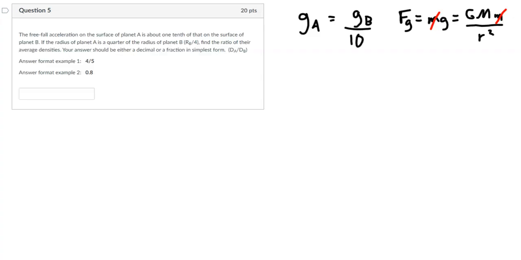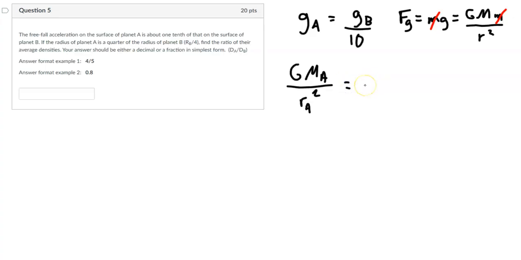In fact, let's take that and see if we can make anything useful with it. So for planet A, the g for planet A is going to be big G, mass of A, divided by radius of A, because we're on the surface, squared.